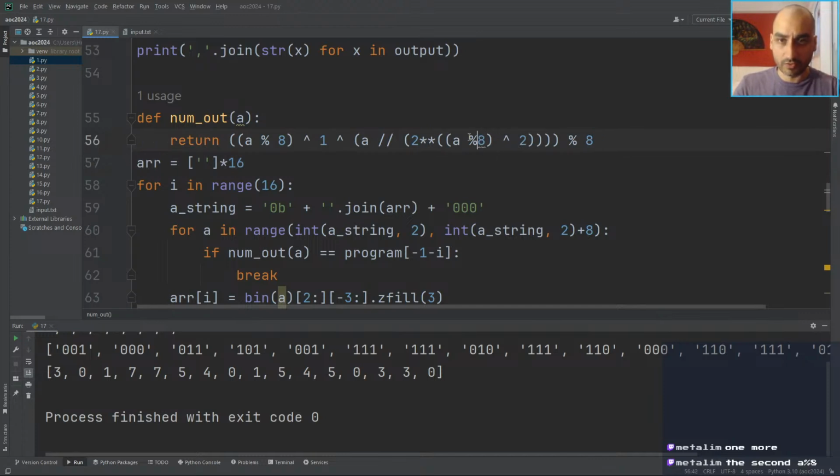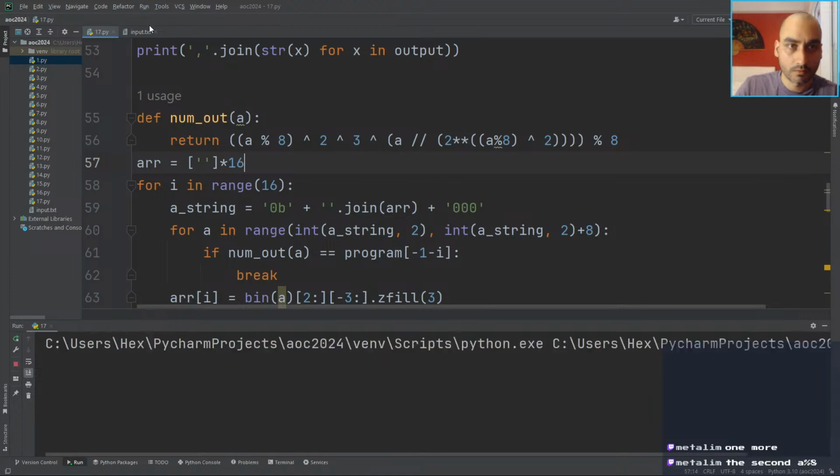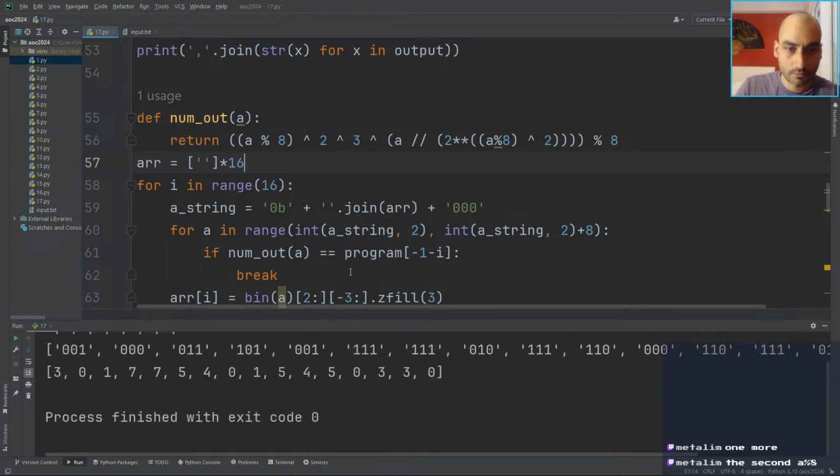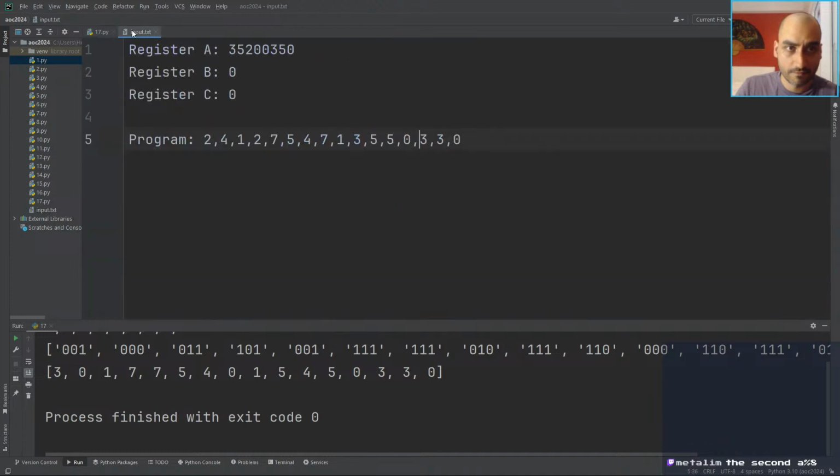Maybe that was the correct order of precedence, but still. 2 to the power of... Pretty sure we don't need to do this, but let's just do it anyway. So we're getting 4.